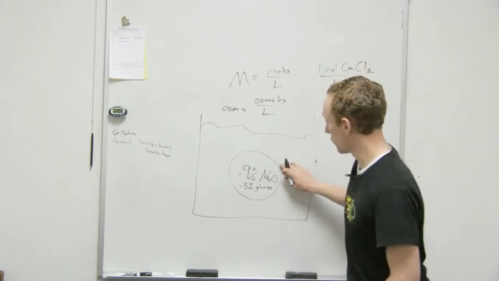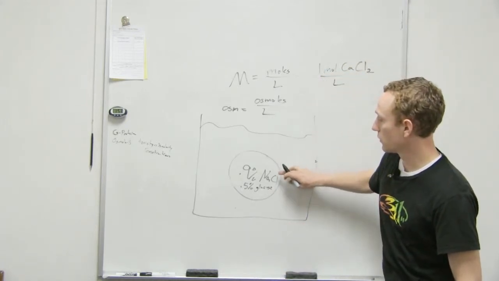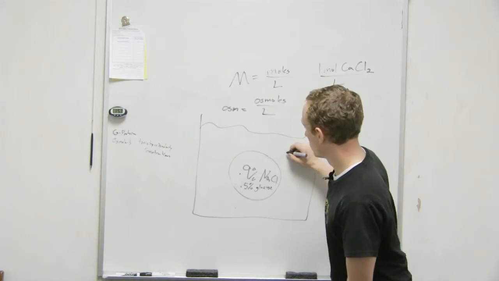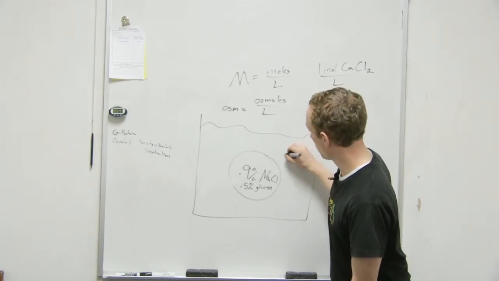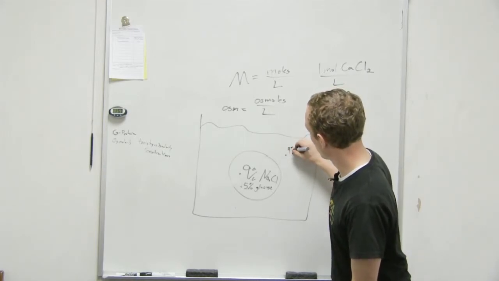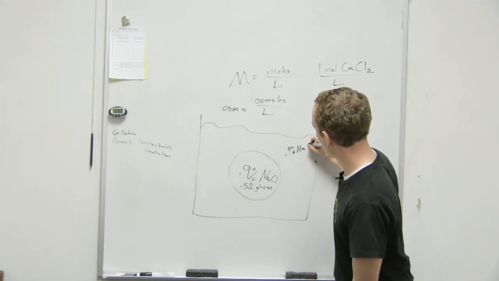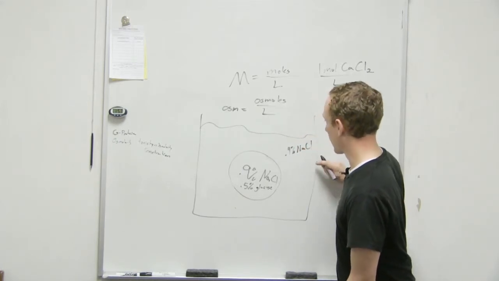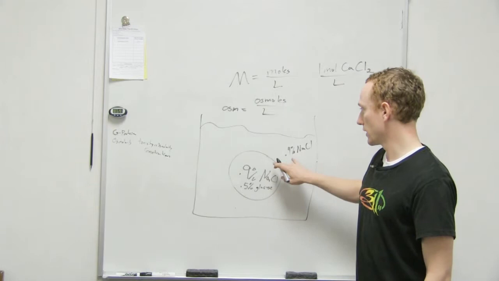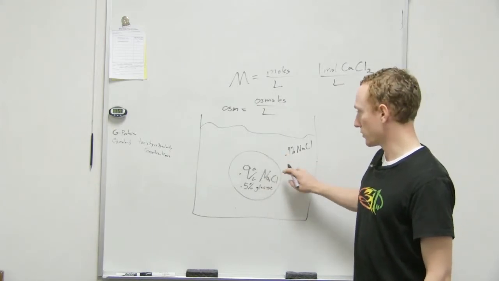So 0.9% NaCl is like having the same number of markers in both places.